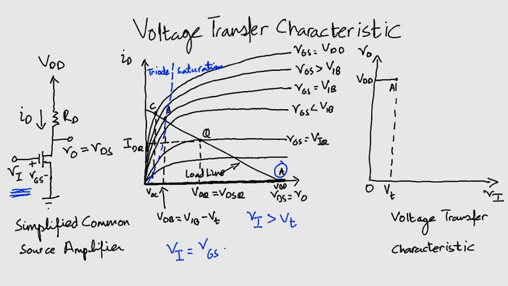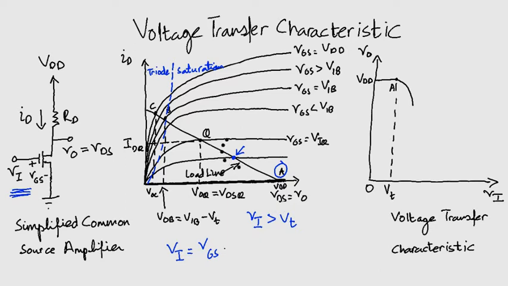Now as Vi exceeds Vt, the transistor turns on, ID increases, and V0 decreases. We are at this point. Do you agree that the voltage V0 is lesser here on this arrow than at VDD? On the voltage transfer characteristic, we can draw this like this.